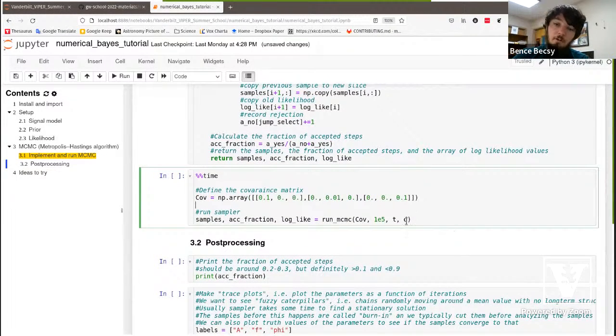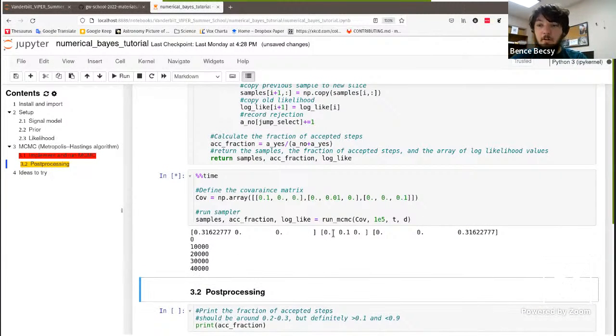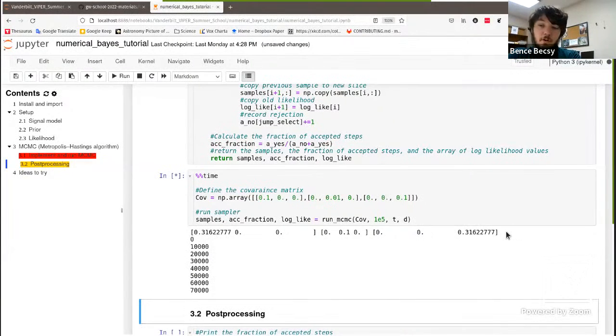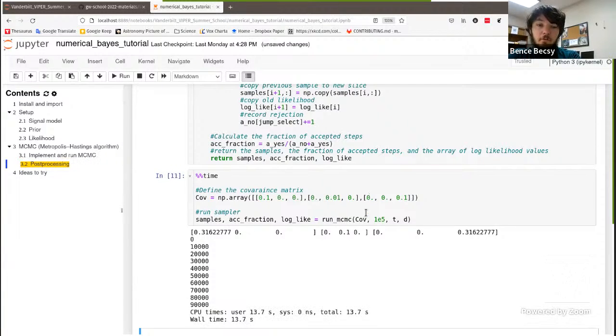So I picked 100,000 as the iteration number here, and that should take a few seconds. If you run this, you can see that we printed out the eigenvectors that we are jumping along, because there's a square root in it, it's different than just the slice of the covariance matrix.